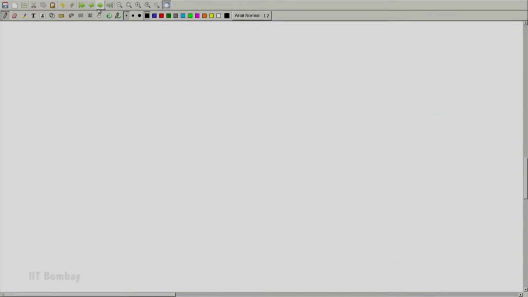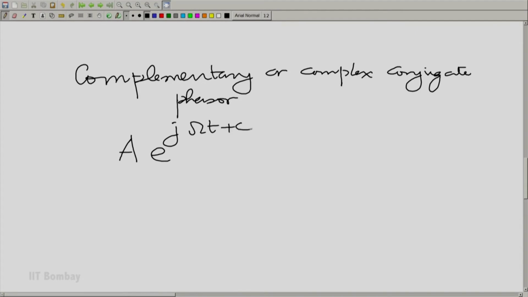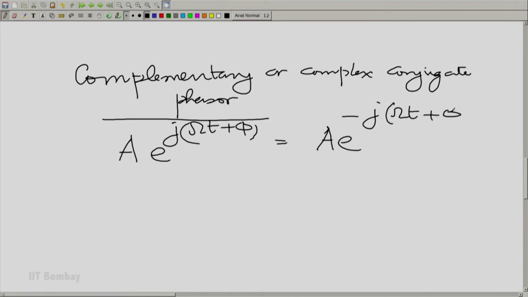So, let me take what we may call the complementary or complex conjugate phasor, which of course would be A e raised to the power j(omega t plus phi), the whole complex conjugated, or A e raised to the power minus j(omega t plus phi).